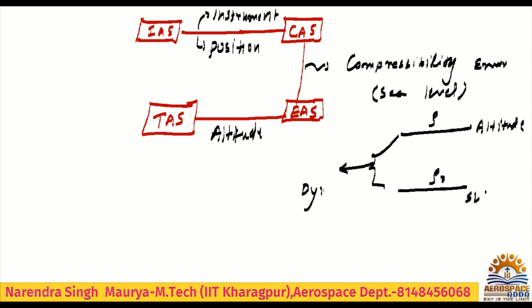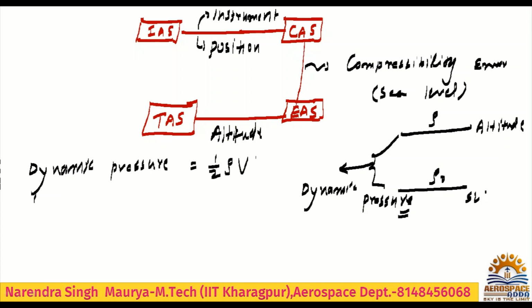What is the dynamic pressure? You all know it is nothing but half rho v square. So you have to write the dynamic pressure for sea level and for that particular altitude, at distance h. Both dynamic pressures you have to equate, because they will be equal.